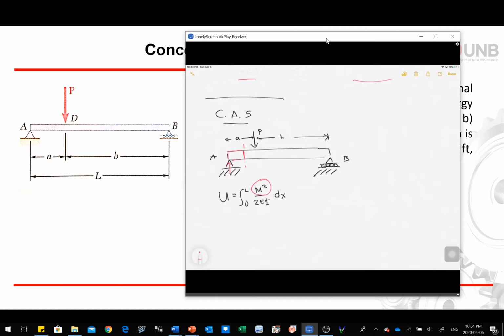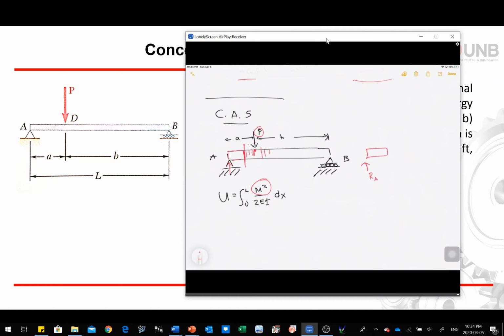Now, the problem for this one is as you move from this point, which is at the point where your P is located, the equation of your moment changes from the left side of your P going into the right side. Because if you cut this beam right here, you're going to get only the support reaction. So I'm going to call it RA.